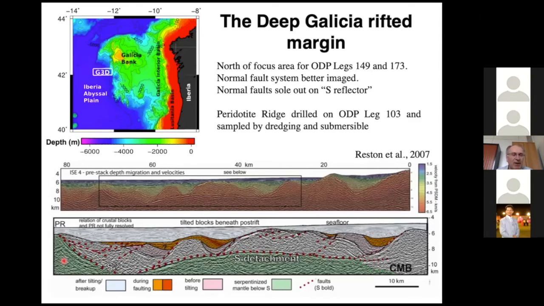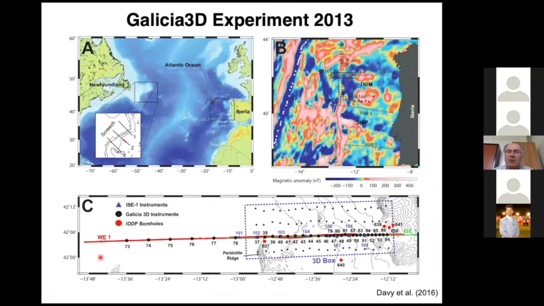And then the other characteristic of this margin is this prototype ridge, which was imaged a long time ago, with lots of work by French scientists here back in the 70s and 80s, showing that this ridge extends over long distances, and there may be several of these prototype ridges. We have done lots of work on the S detachment and what's above it, but I'm not going to talk about that. I'm going to focus on what's further out towards the ocean.